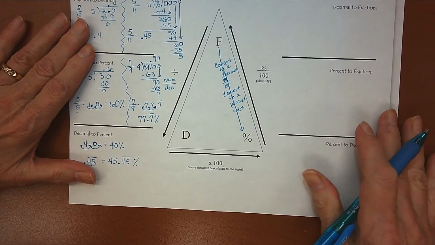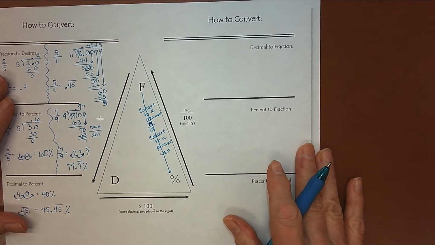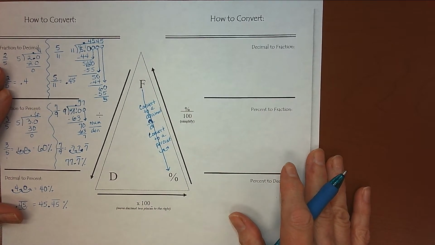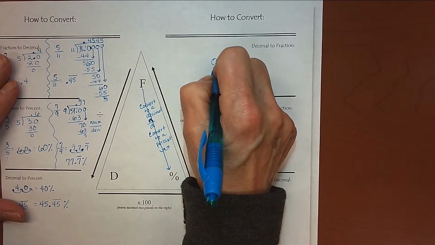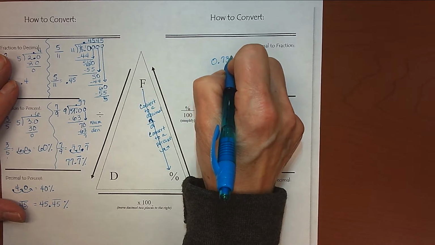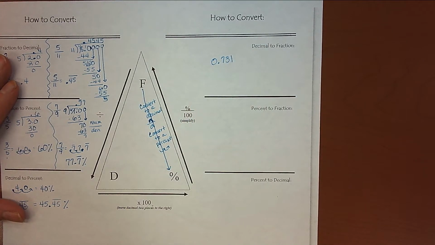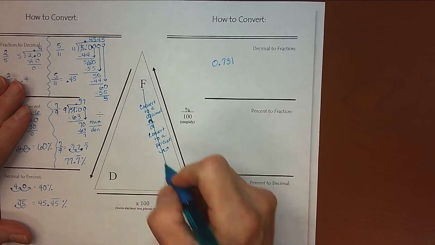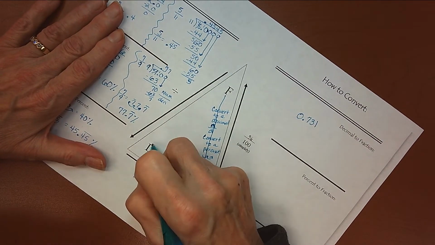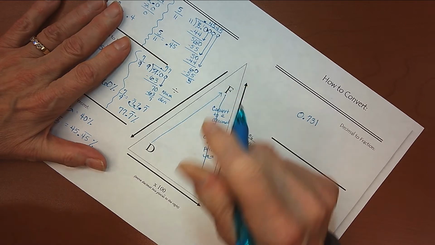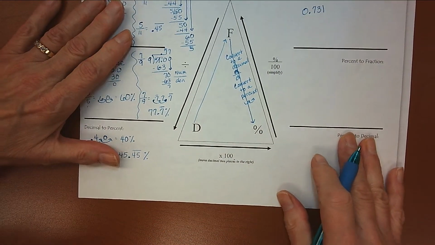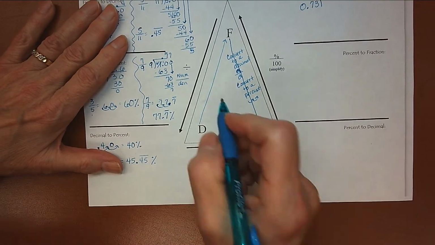All right, a few more. Let's look over here. So a decimal to a fraction. Let's say we have the decimal 0.731. So we're going from a decimal here to a fraction. I'm going to draw another arrow in. And what we're going to do on these is we're going to read it, write it, and reduce it.